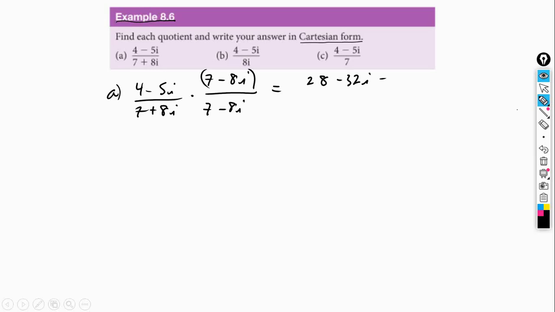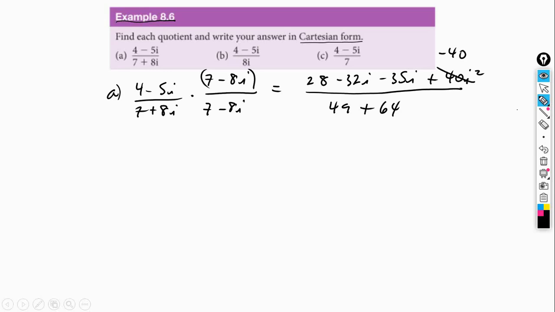minus 35i plus 40i squared. And in the bottom, we know that it's simply going to be 49 plus 64. And we also know that this is minus 40.